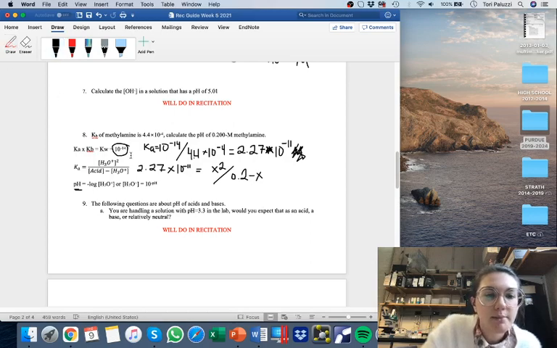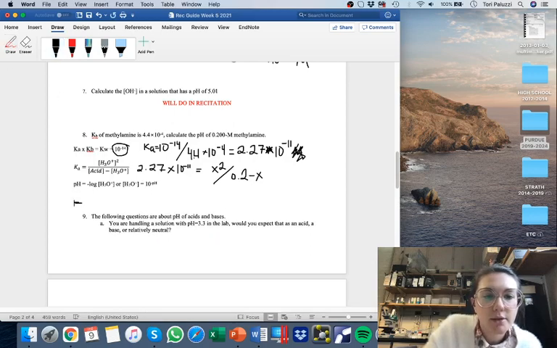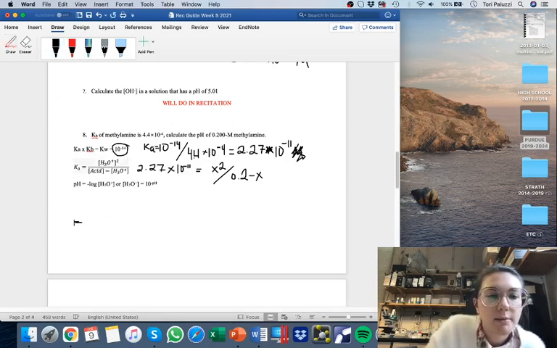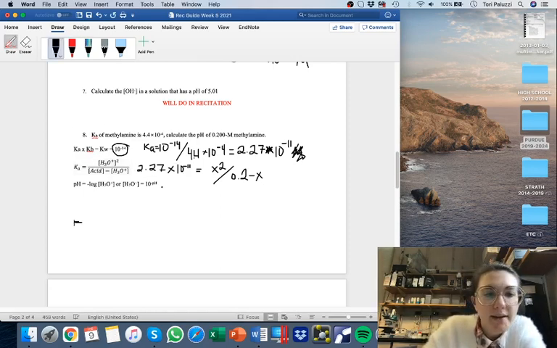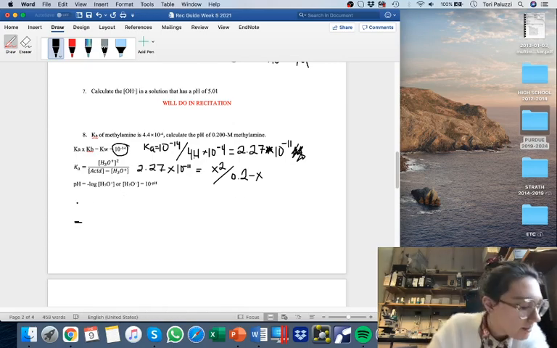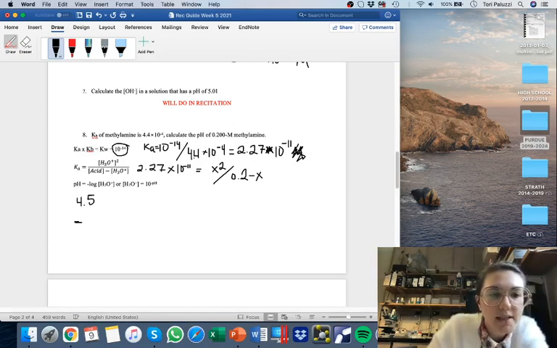Now, I'm going to multiply this side by my denominator to get them to cancel. I'm first going to make a bit more room here because I'm going to need more space. And when I multiply these two sides together, I'm then going to get a large quadratic. If I multiply that through, I get 4.54 times 10 to the negative 12, which makes sense, since 2.27 times 10 to the negative 11 times 2 would be 4.54 times 10 to the negative 12.